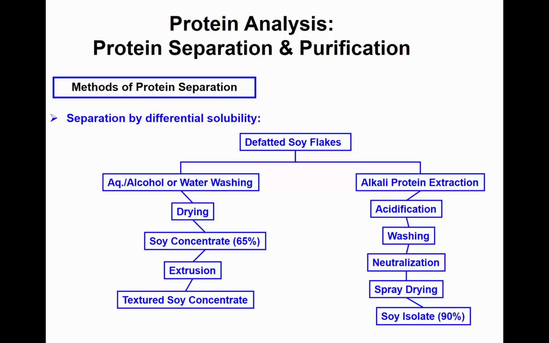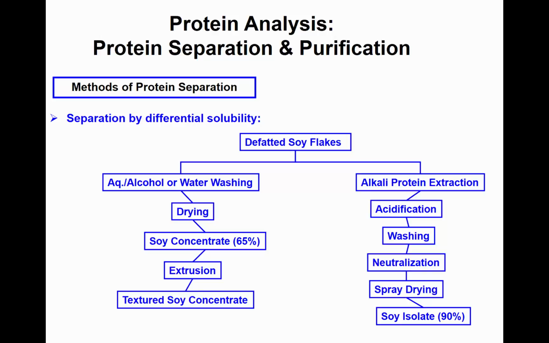Then you do centrifugation, you discard the precipitate, take the supernatant, and now the supernatant has oligosaccharides, di- and monosaccharides, and your proteins. So you do an acidification, that means you precipitate the proteins out. The isoelectric point of soy is about 4.5. So you acidify to 4.5, and then you centrifuge.